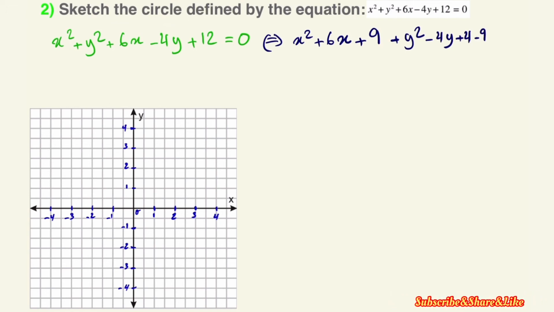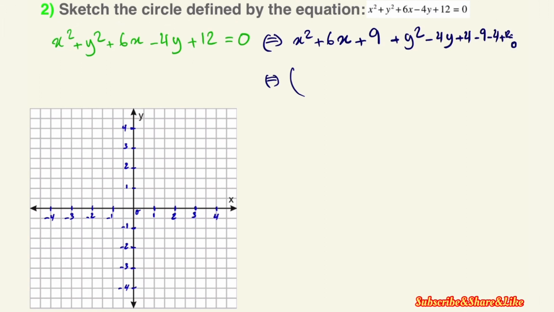Minus 9 minus 4, and then we add the 12, equal to 0. Therefore, it's going to give us this. It will be x plus 3 squared, and here it will be y minus 2 squared, because it has a negative here.